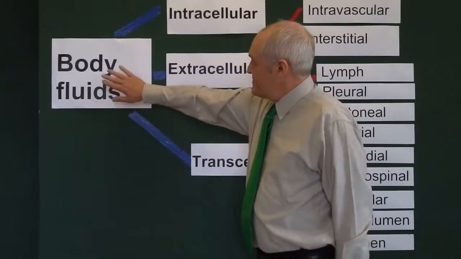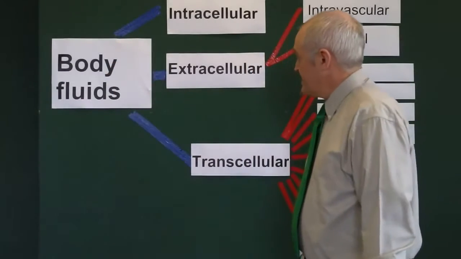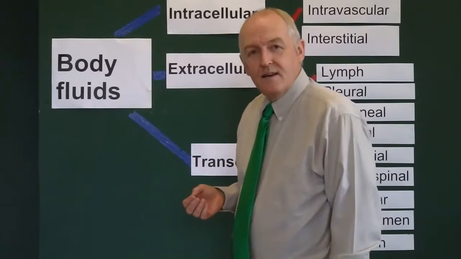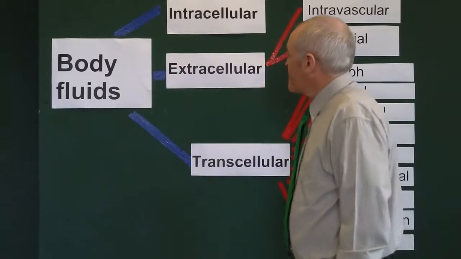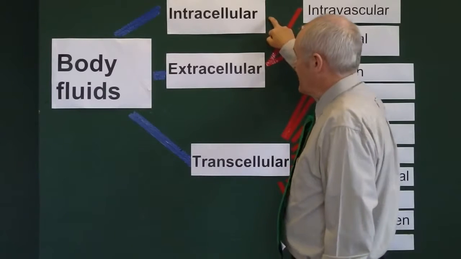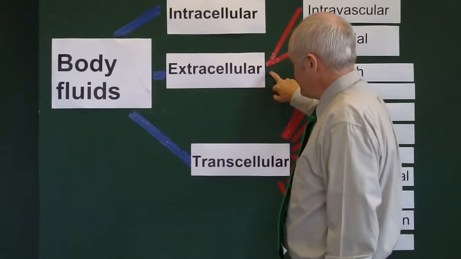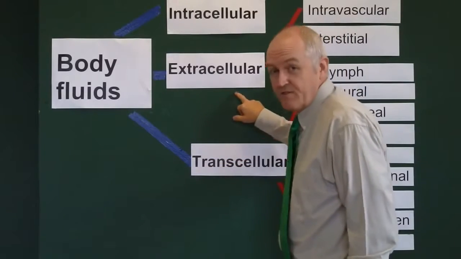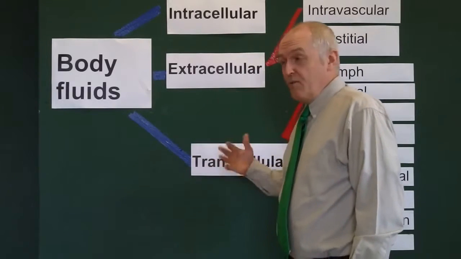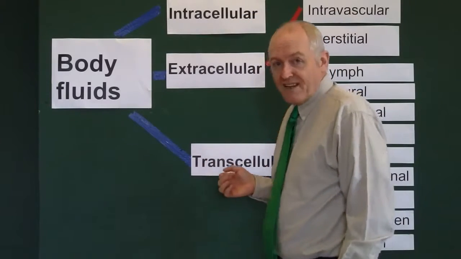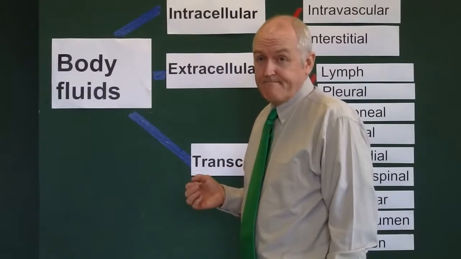So body water, we can divide it into 2 or 3 main compartments. One is intracellular, the next is extracellular, and really you could call this transcellular a subdivision of the extracellular, but we normally count it as a 3rd compartment, and that is the transcellular compartment.